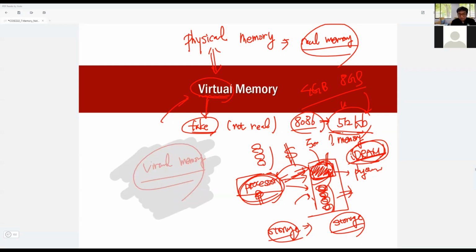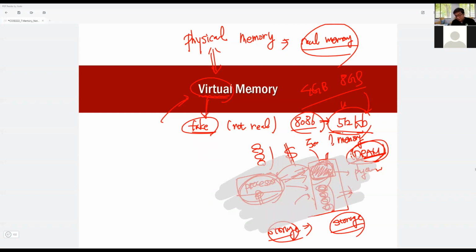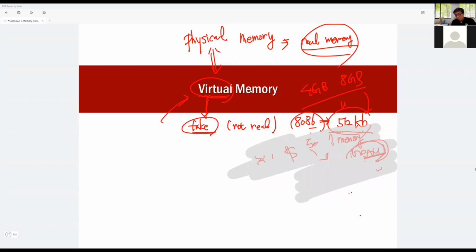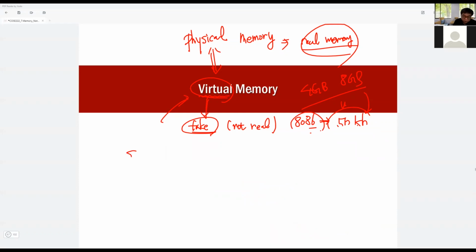So virtual memory means that this is the software's view. For the software, the computer system provides a very large amount of main memory.